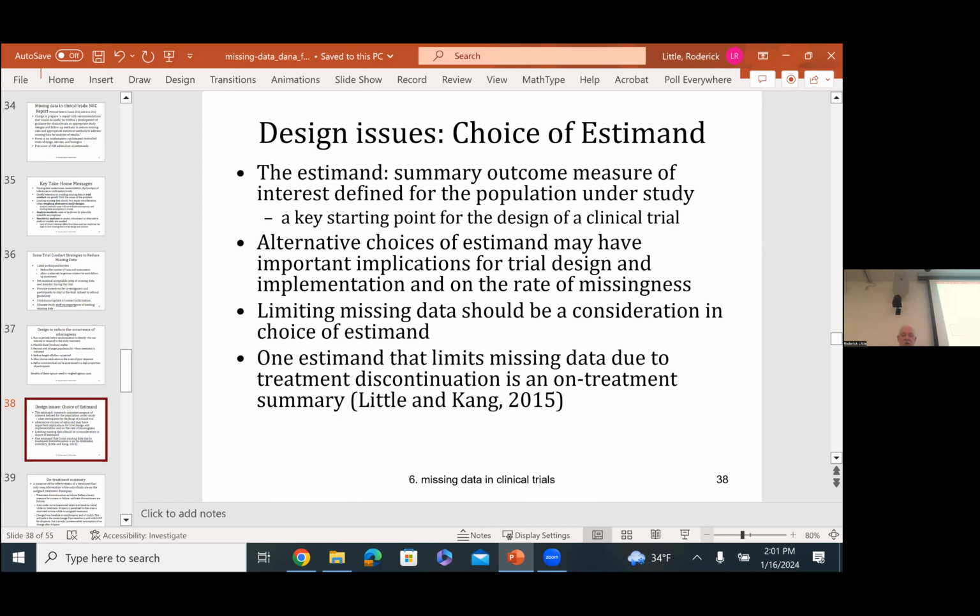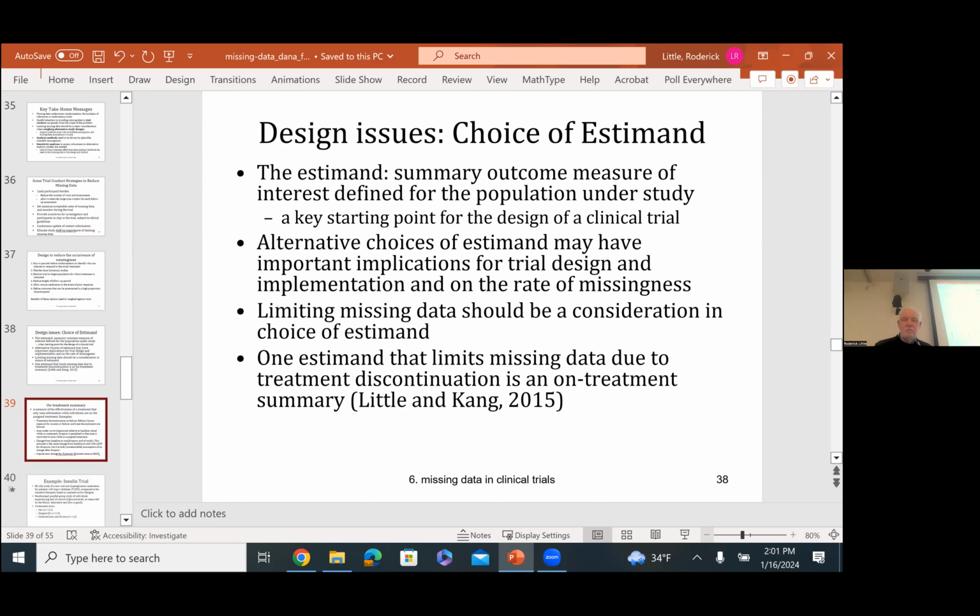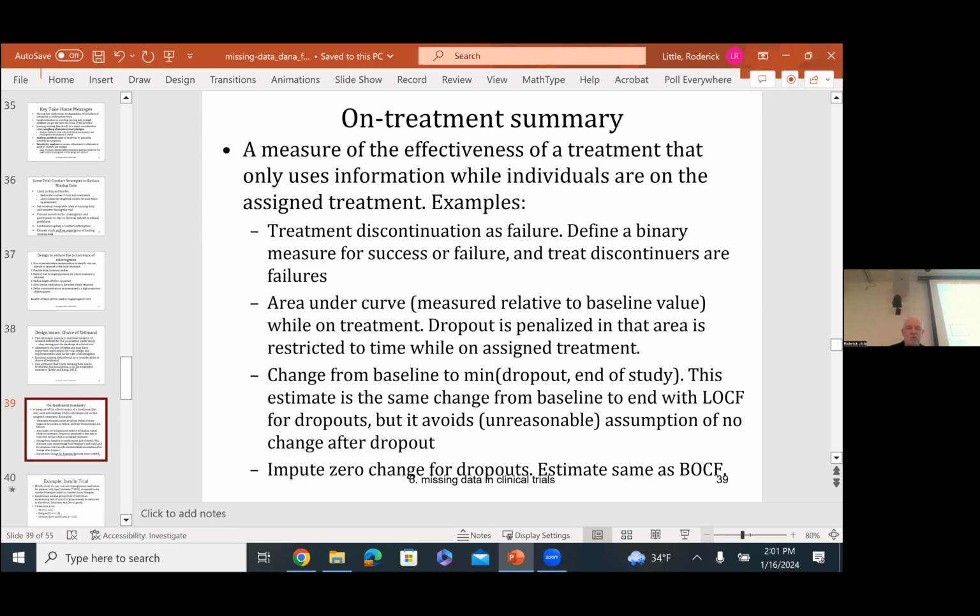One way of doing that is to define what I call an on-treatment summary. The on-treatment summary is a measure of the effectiveness of a treatment that only uses information while individuals are actually on the assigned treatment. One simple example of this is treatment discontinuation as failure: define a binary measure for success or failure and treat discontinuers as failures.